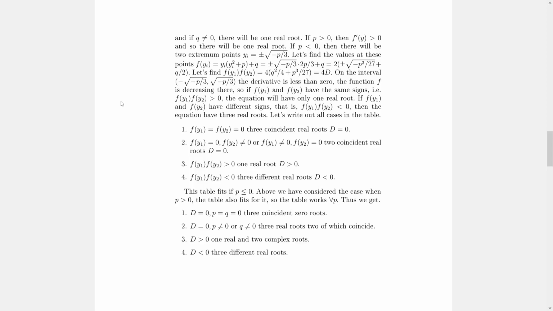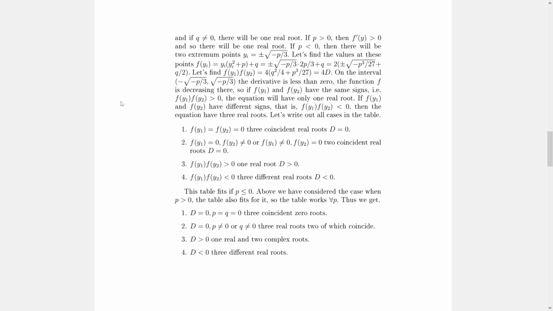Above we have considered the case when p is greater than 0. The table also fits for it, so the table works for all p. Thus we get: if d equals 0 and p and q equal 0, then we have three coincident zero roots.